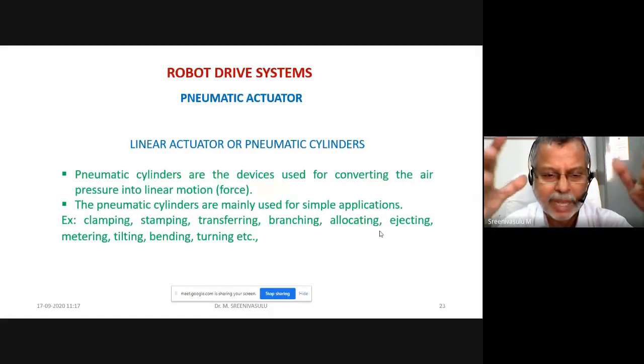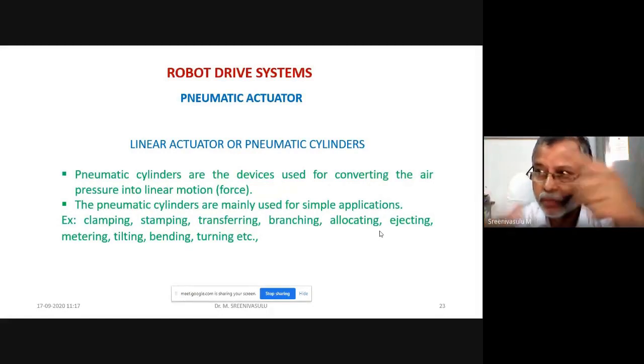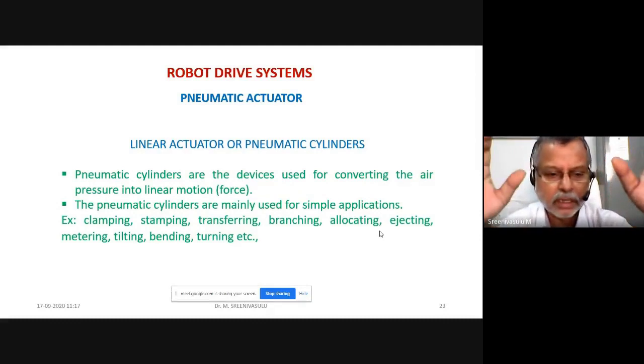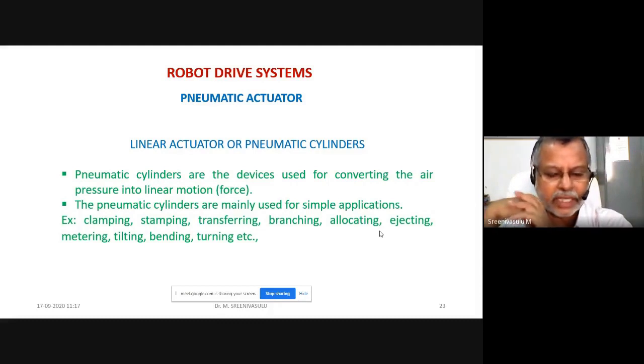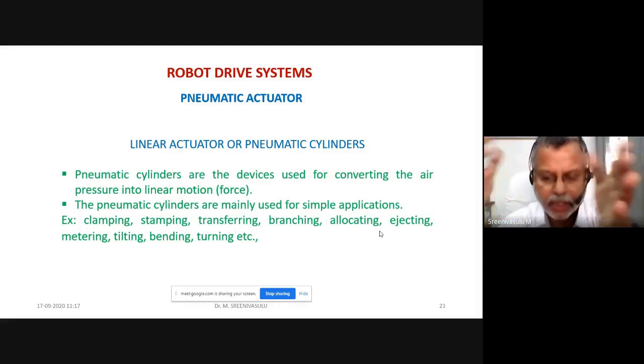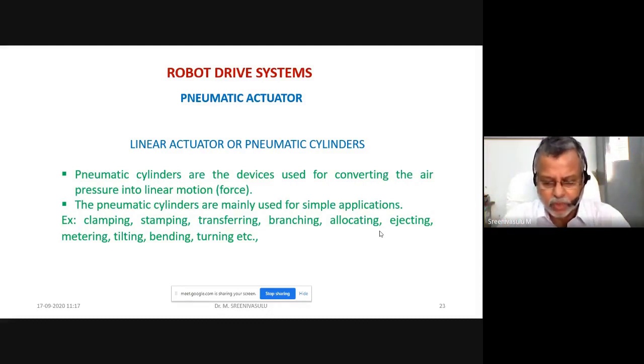When it comes to clamping, it comes when you want to hold certain objects between jaws. In the simplest sense, in a drilling machine, we use certain jaws to hold certain objects.